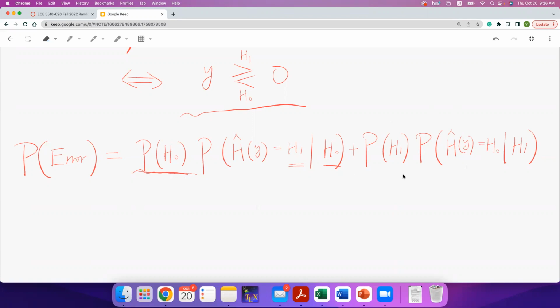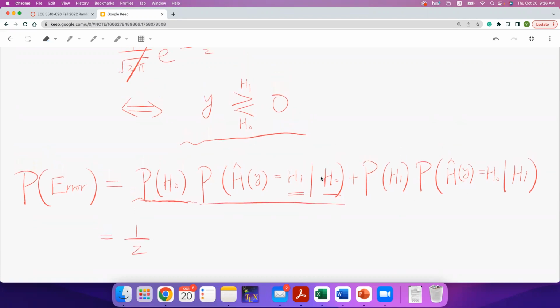Then let's look at each term. The probability of H0 is given as 1/2, so it's 1/2 here. And look at this one: conditioned on H0, we are looking at the probability. This is a conditional event. We're conditioning on the transmitted signal H0, and the decision rule decides H1.